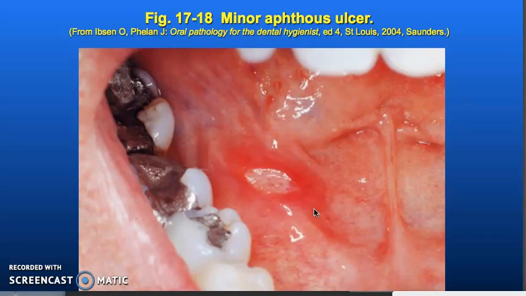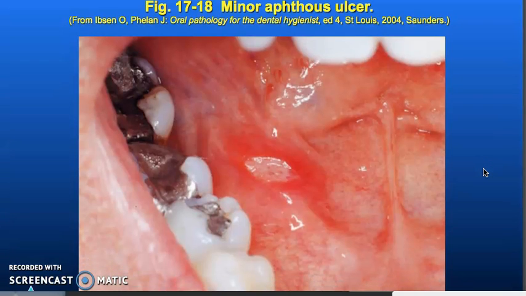And again, these will heal in 7 to 10 days. Some people tend to say, oh yeah, I get those when I eat a lot of tomatoes or citrus, lemons, oranges, anything like that, or drink orange juice. So a lot of people think that they get those when they have that type of diet. Stress can also cause them, and trauma.